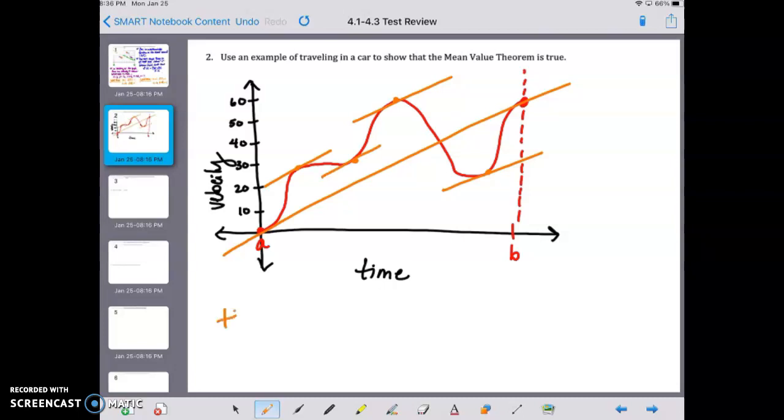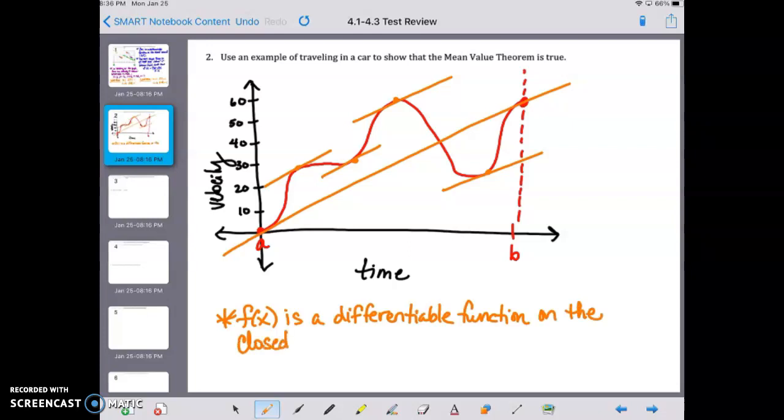So in conclusion here, we can say that f of x is a differentiable function on the closed interval a to b, and so I know that the average speed of my car is going to be equal to f of b minus f of a divided by b minus a, right?